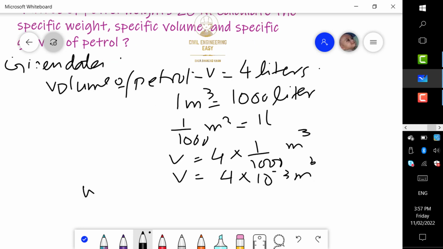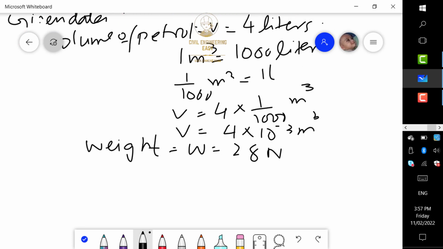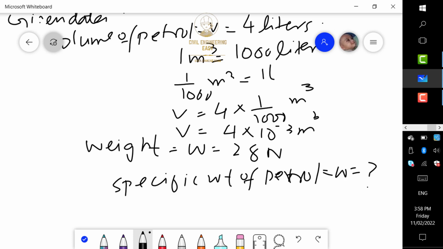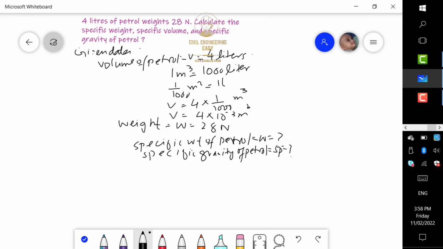It is also given that the weight of petrol is 28 Newton. We are required to find out the specific weight of petrol, specific gravity of petrol, specific volume of petrol, and mass density of petrol.